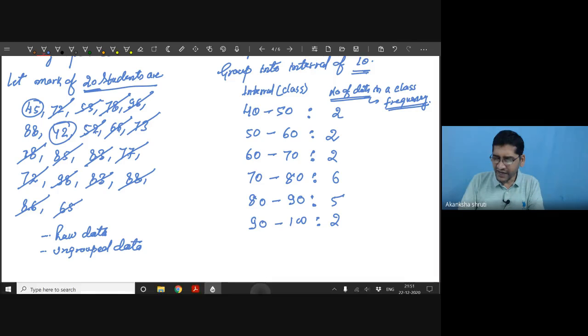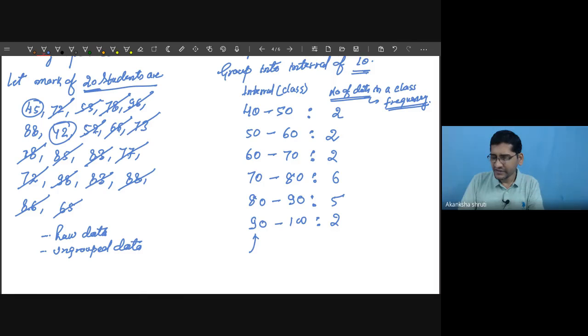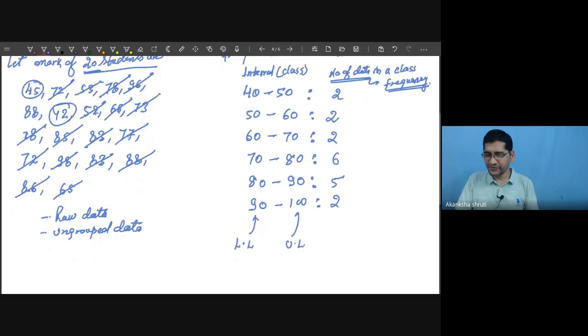In this case, each interval starts with some number and ends with another. The starting number is called the lower limit, and the ending of the interval is called the upper limit. And the difference, upper limit minus lower limit, is called the class interval.